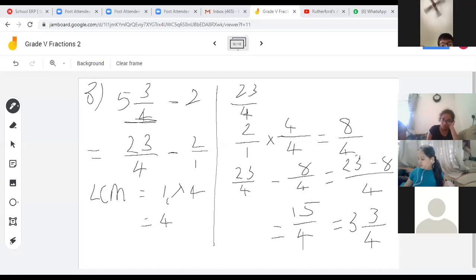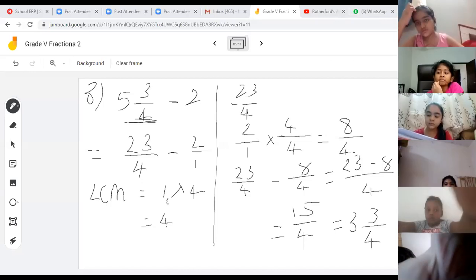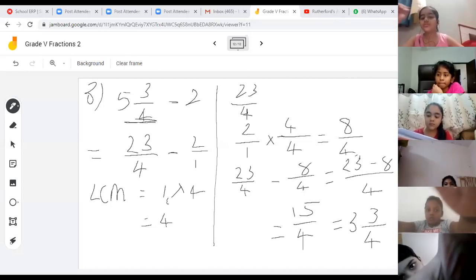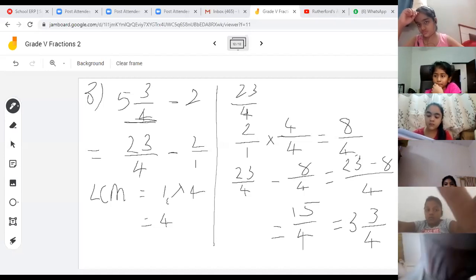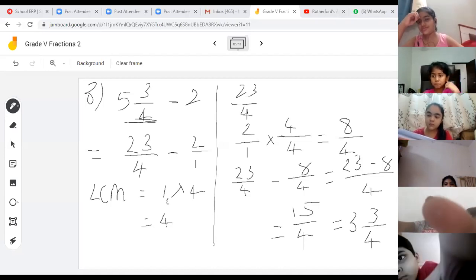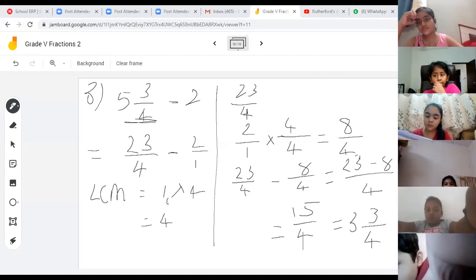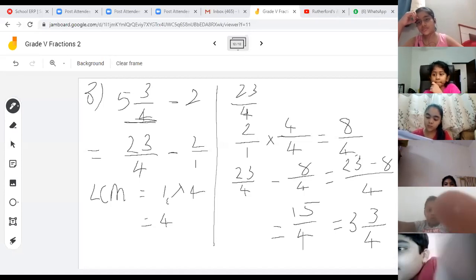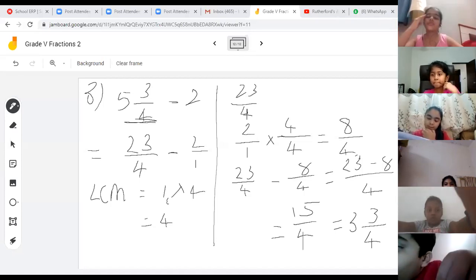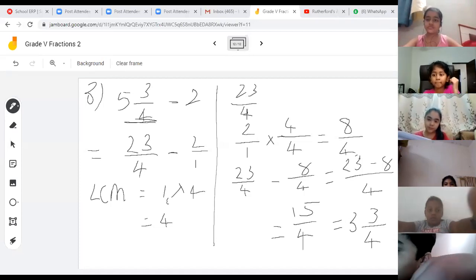If they are not like fractions, you have to make them. To make them like fractions, you must find their LCM and equivalent fractions. Once you do that, it becomes very easy. It's simple addition and subtraction, but the denominator is not added, it is not subtracted. The denominator remains the same.